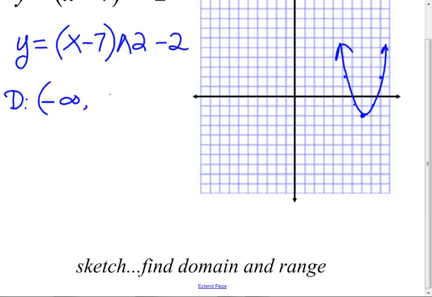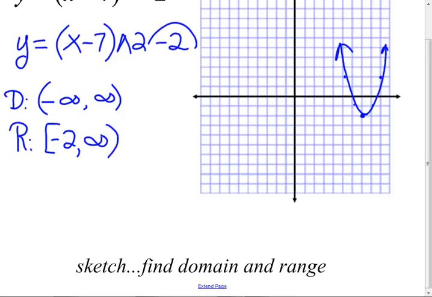Negative infinity to infinity, what's the range? Negative 2 to infinity. Anything interesting about the negative 2's? How did I do it without a graphing calculator? Good question. Just the sideways 8, like you said, goes like that.